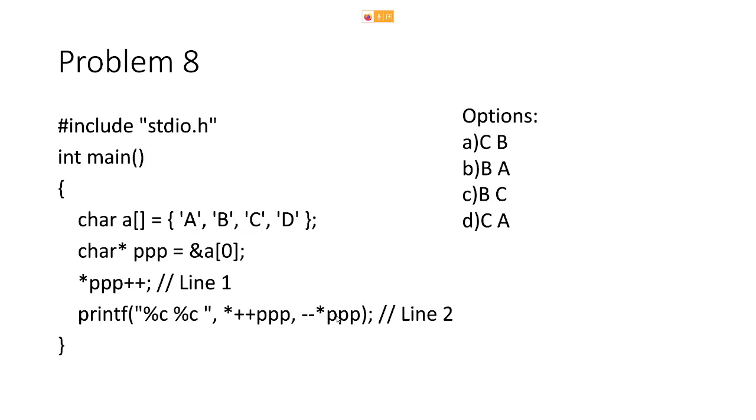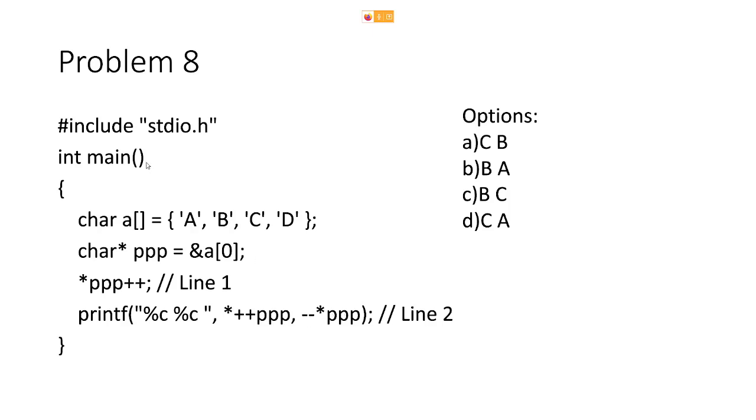In this case, it is first dereferencing the pointer. Dereferencing the pointer means now it is a value and it is decrementing the value, not the address. So the value at this pointer address was B because it was pointing to B. So now you're decrementing that value.